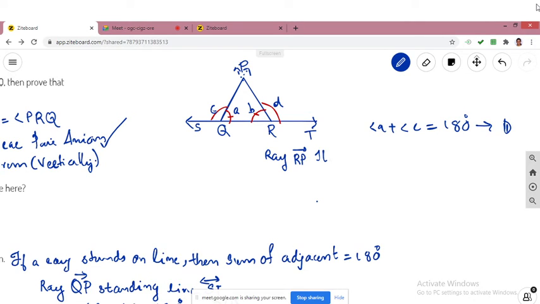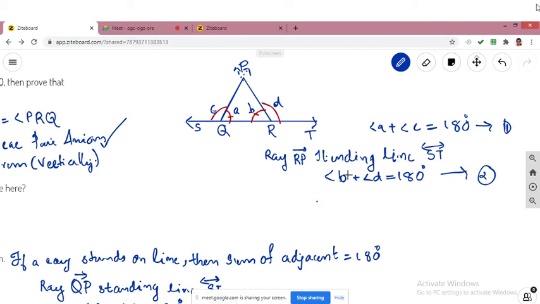Yeah, ray RP is standing on line ST. So now using the axiom, what can we say? Angle B plus angle D equal to 180 degrees, ma'am. Yeah, now Ramya is telling me angle B plus angle D is 180 degrees. So everyone is getting that? Yes, ma'am. So angle B plus angle D is equal to 180 degrees. So that is our equation number 2.